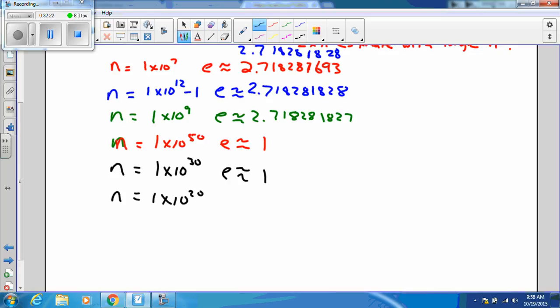Really? 1 with 10 to the 15. What do you get with 10 to the 15? 1. And 10 to the 12 still worked out. I did 1 over 9 to 12, and it was also 1.